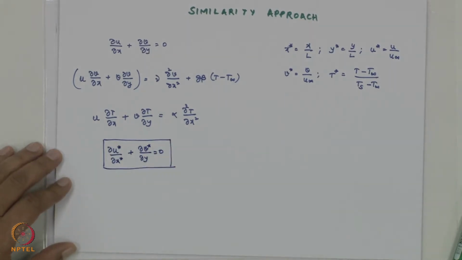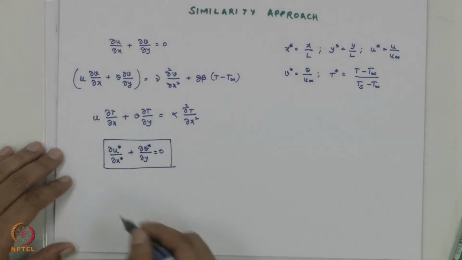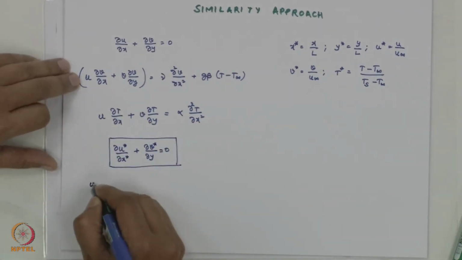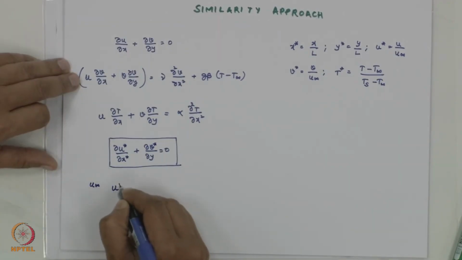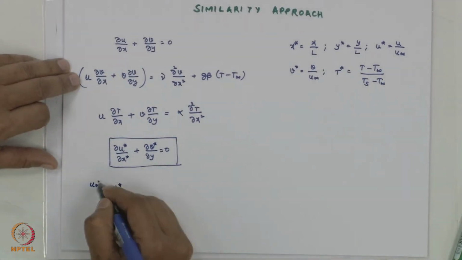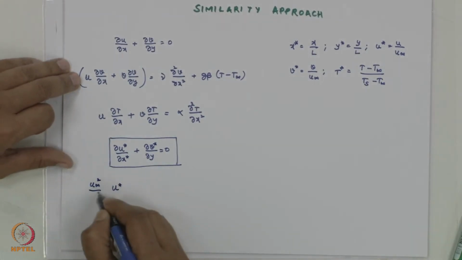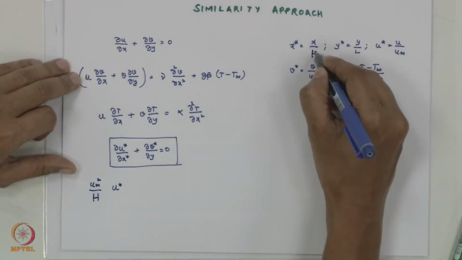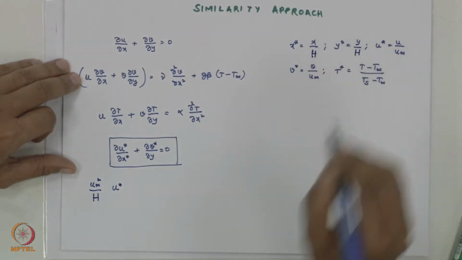So if you take the momentum equation, for u you can write u infinity into u star, for v, u infinity squared by h, sorry, I have to non-dimensionalize this with h.